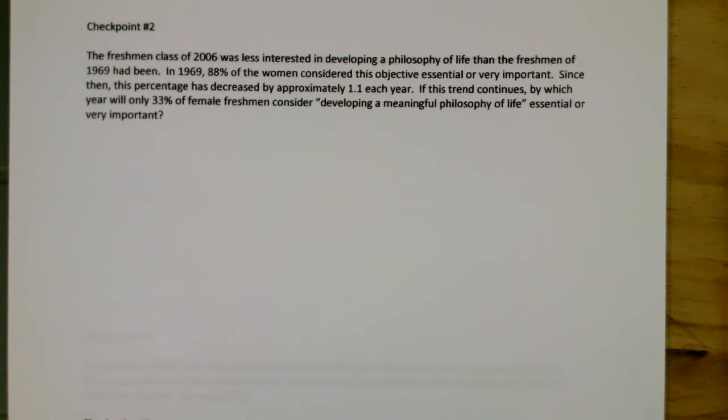Since then, this percentage has decreased by approximately 1.1% each year. If this trend continues, by which year will only 33% of female freshmen consider developing a meaningful philosophy of life essential or very important?